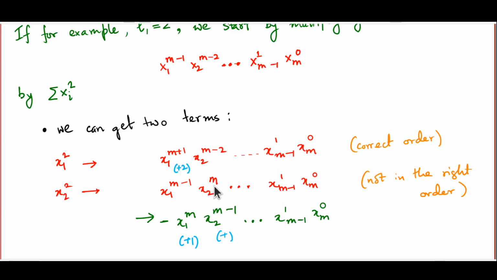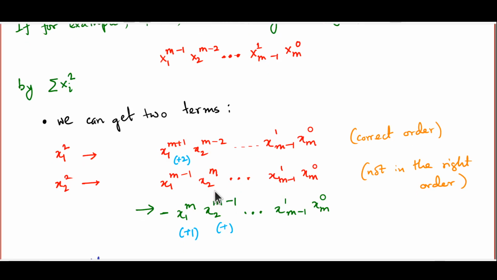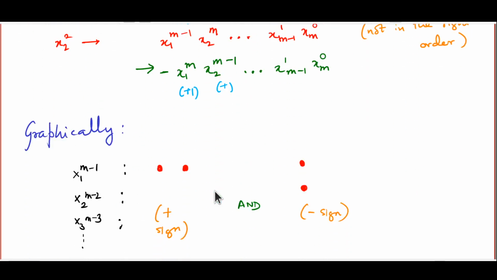Although you are multiplying by x2 square, after rearrangement to put this entirely in a descending order of powers, we actually end up with a situation where we are multiplied by x1 and by x2 at the expense of a minus sign. So to represent that, we could put two dots in the two top rows, one for x1, one for x2. And notice that in this case where all the dots go into one row, you have a plus sign, and here when the dots are distributed over two rows, you get a minus sign.